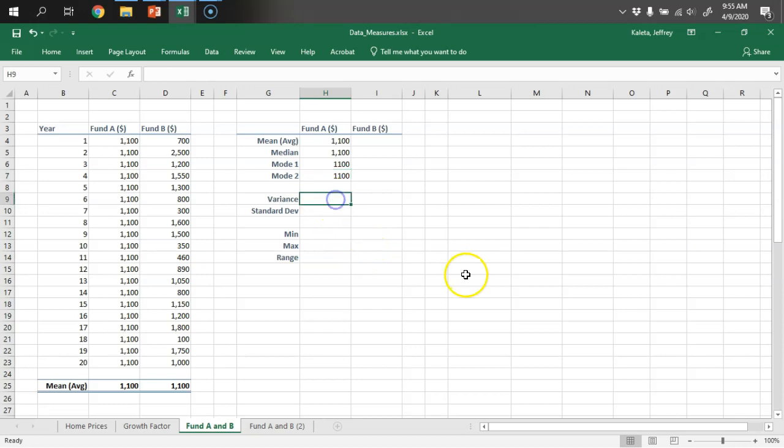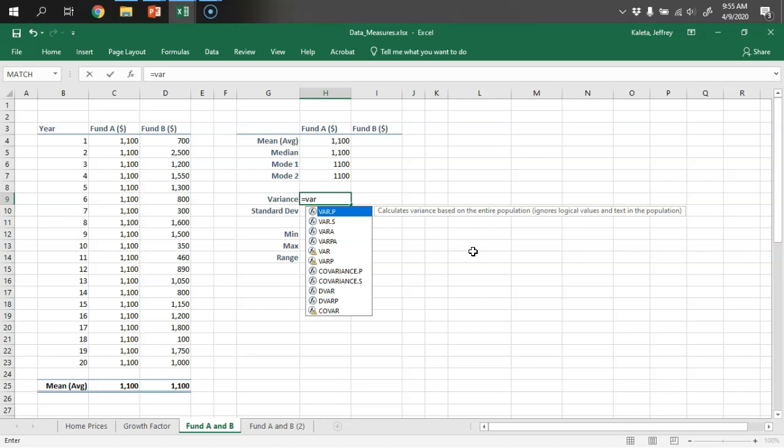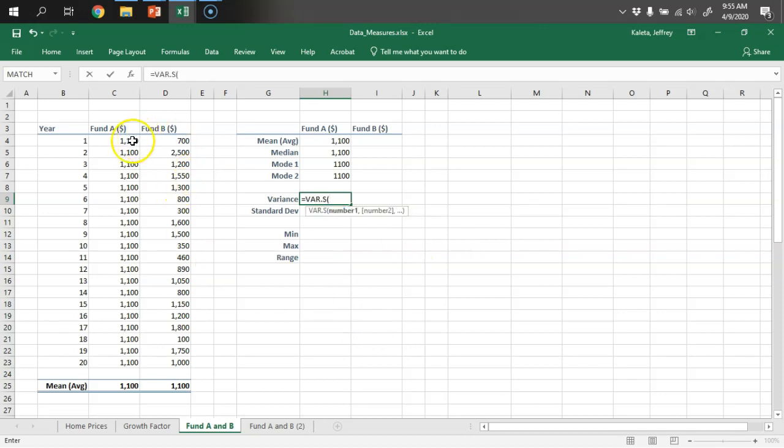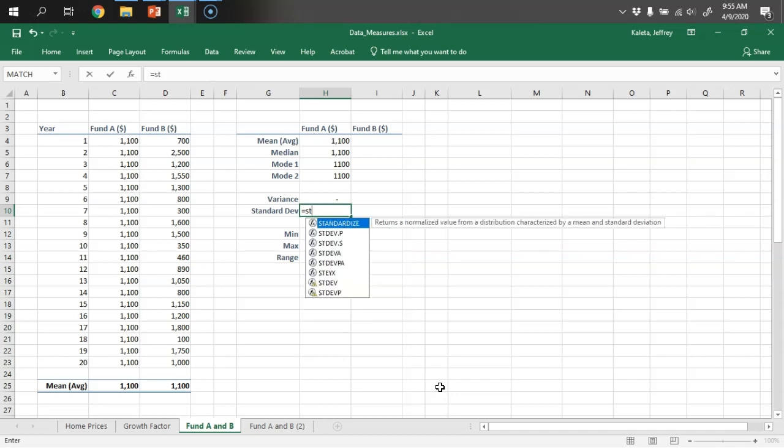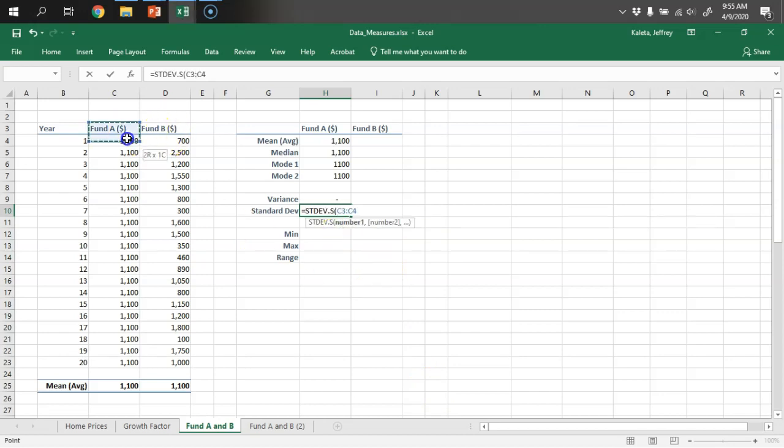Very important observation. Variance is nothing more than VAR.S. That means we're dealing with the sample. So do the variance of that column. Notice that's 0 because there is no variance. The other one is standard deviation of the sample, and again, that particular column.